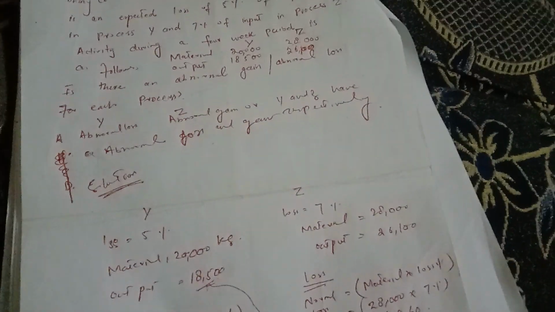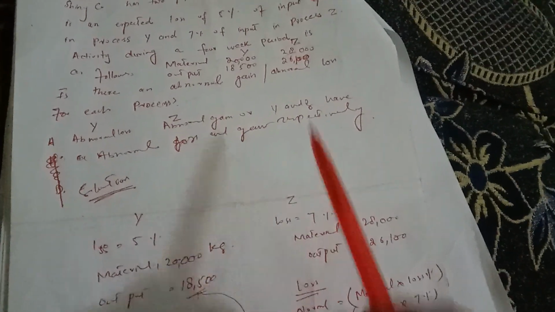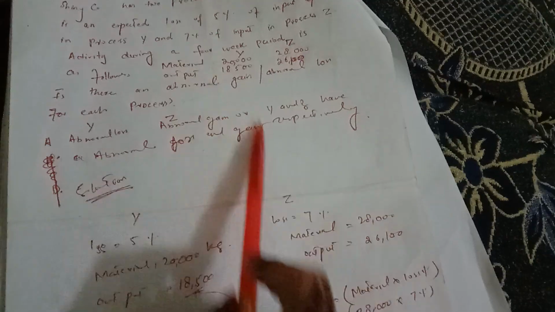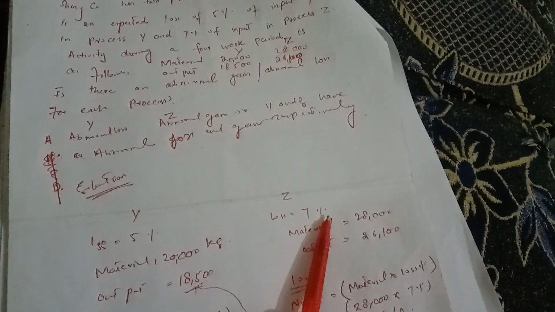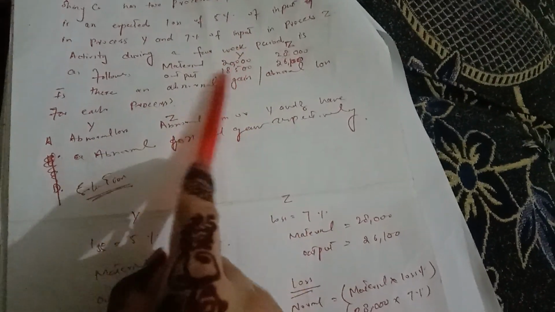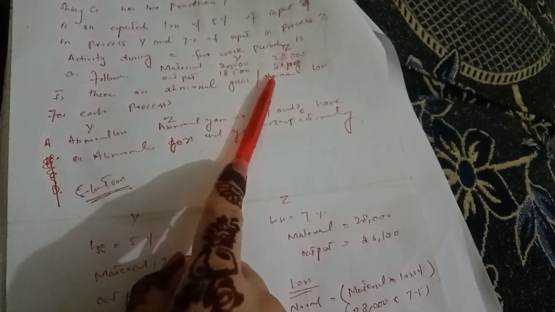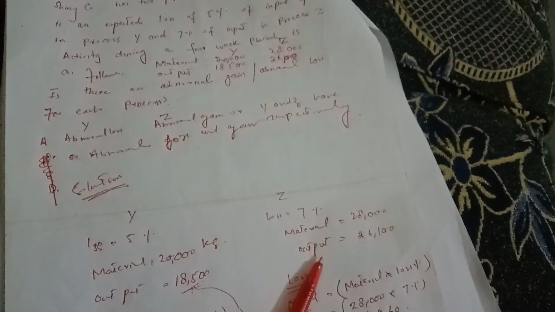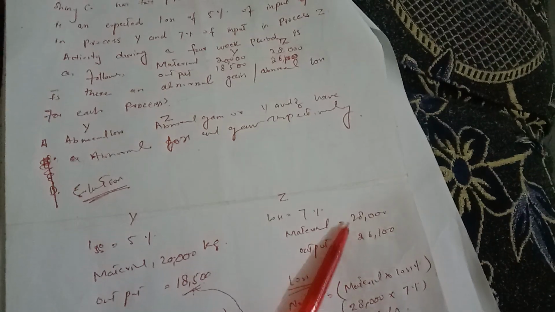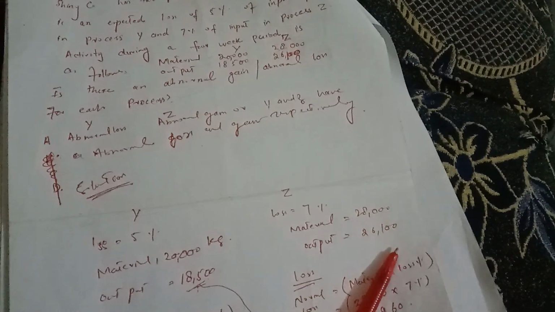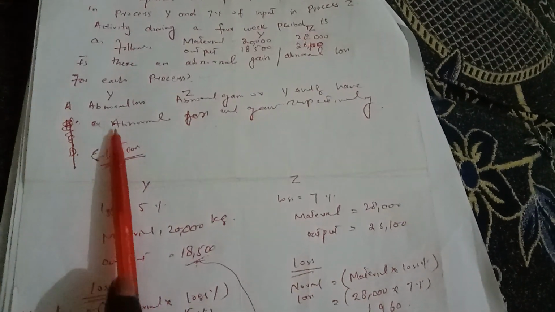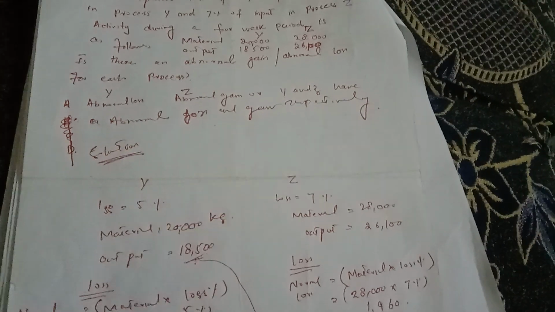We write these down separately. In Z there is a loss of 7%, the material is 28,000 and the output is 26,100. We write these down separately in the Z portion. Now we have to find the abnormal loss and abnormal gain.